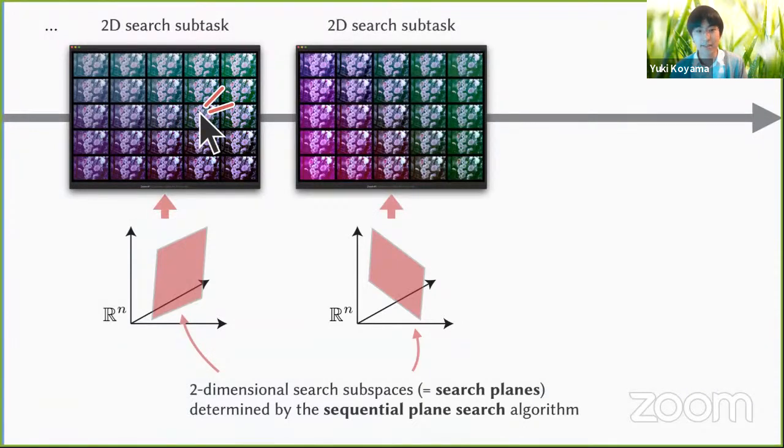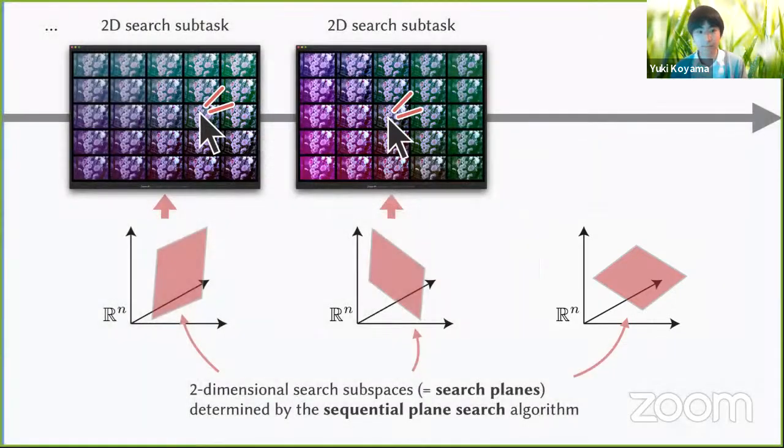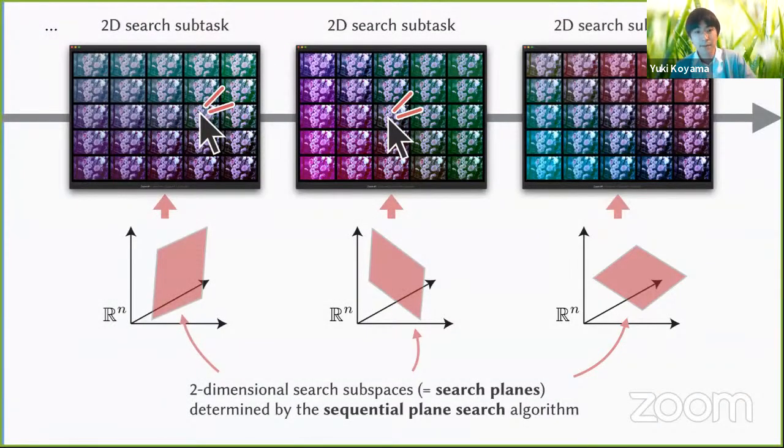Then again, the system asks the user to select the best one from the grid, and using all the accumulated preferential data, the algorithm determines the next search plane. This way, the system proceeds with the iteration.